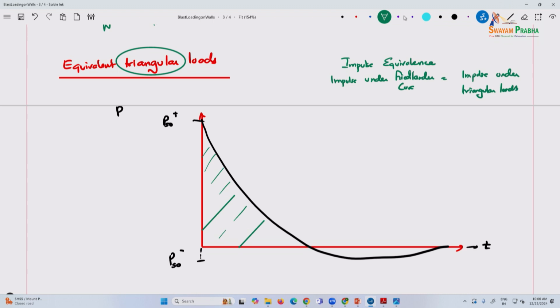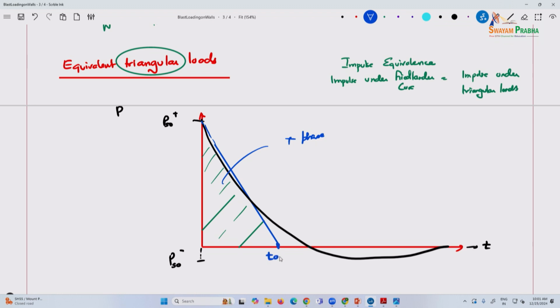So if we look at that, this is the positive impulse, the positive phase. If you consider the positive impulse, some of it comes off, some of it comes in.